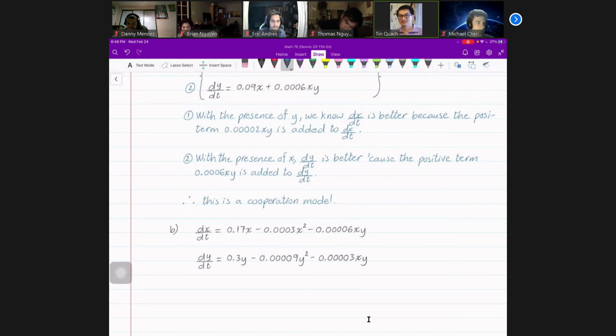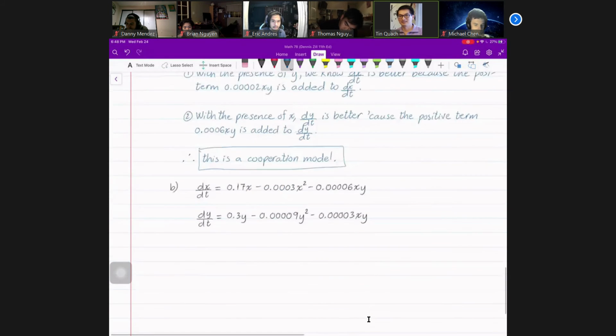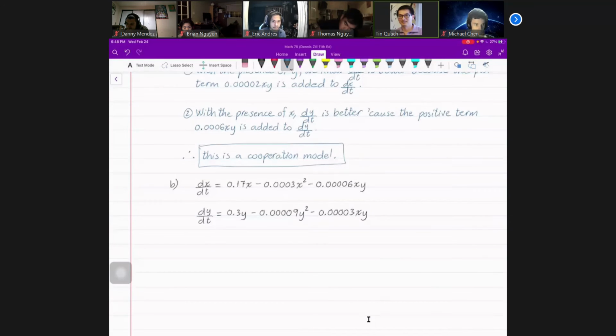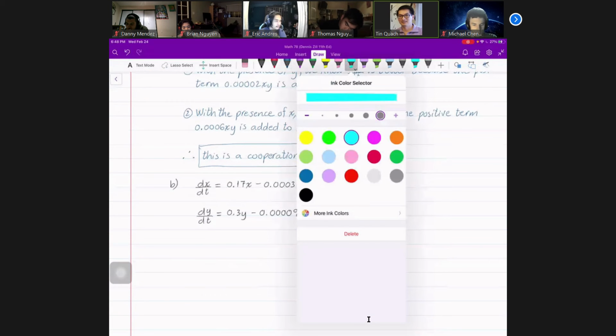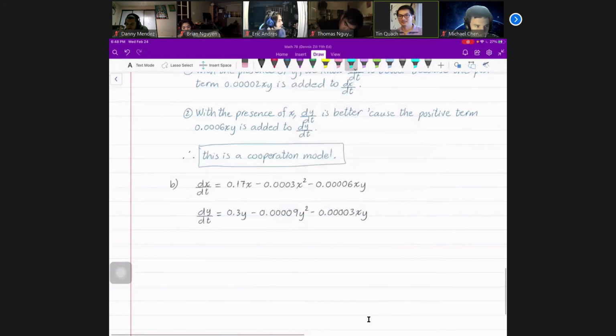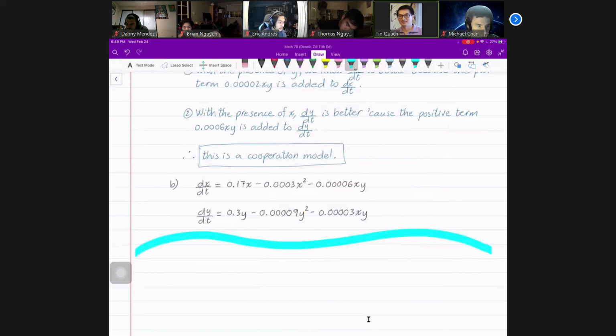Okay. All right, and I'm going to leave part B for you to do. See if you can figure it out. So we are done. All right, so that is 3.3.